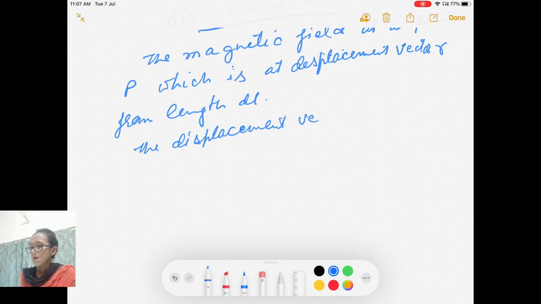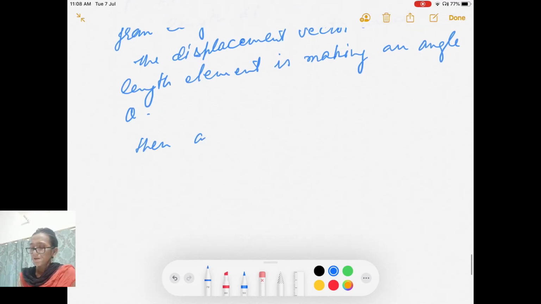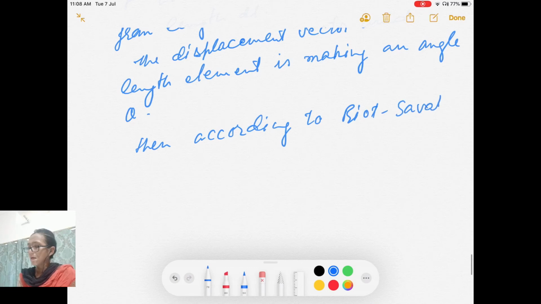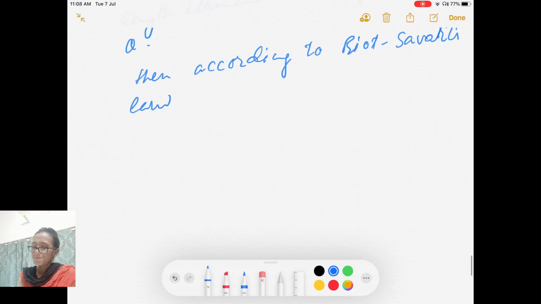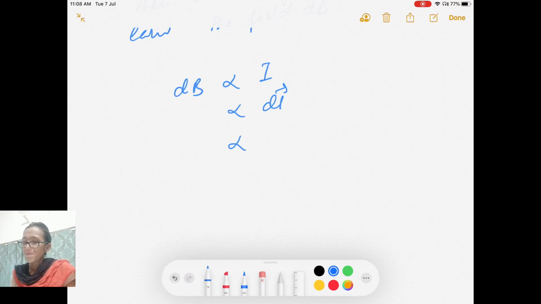Displacement vector and length element is making an angle theta, then according to Biot-Savart's law, the field dB will be proportional to current flowing through the conductor, it will be proportional to length element, and it will be proportional to sine of angle between the length element and the displacement vector, and it will be inversely proportional to square of distance of the point.